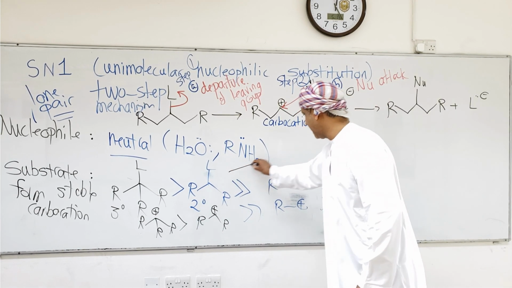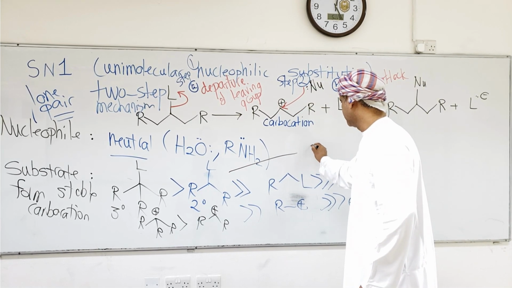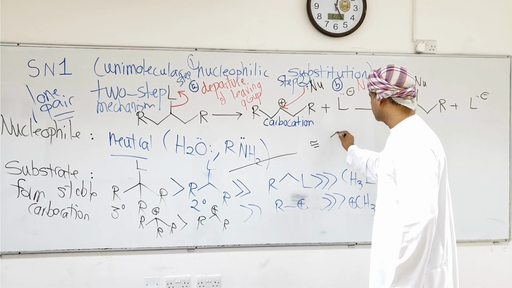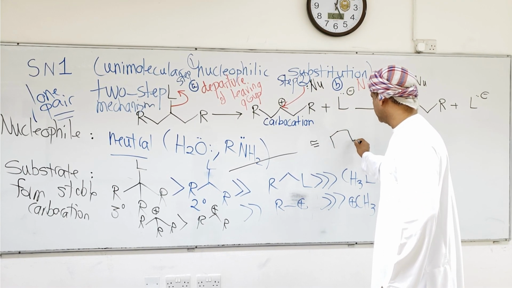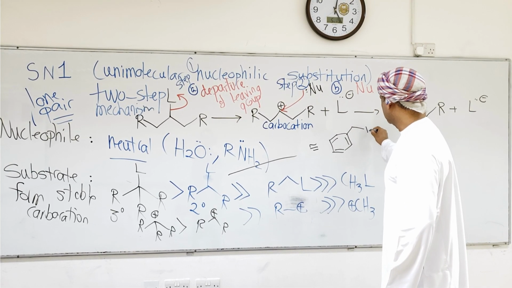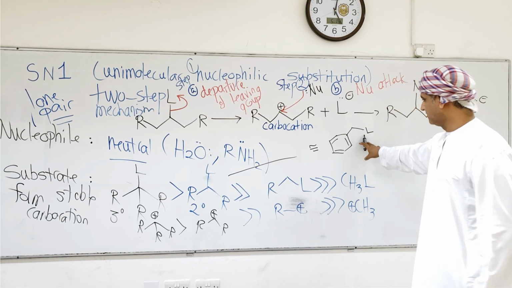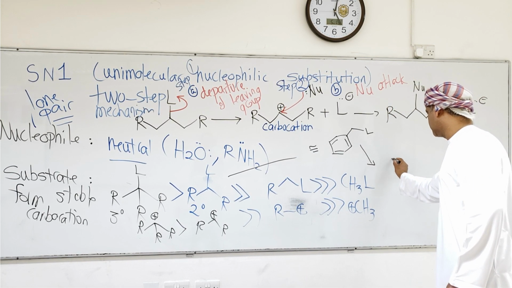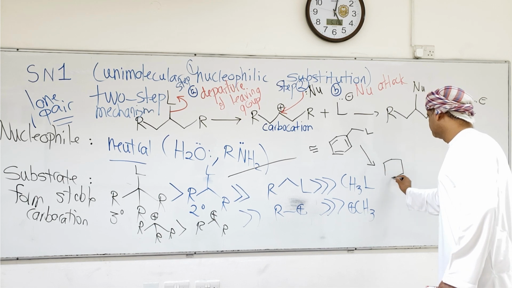So to this we can add, we can say similar to benzylic substrates or something like that. Yeah, this is a benzylic substrate. This will give, of course, the corresponding benzylic carbocation, which is this one here.